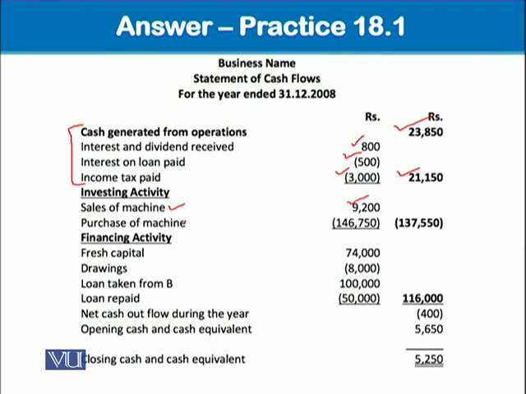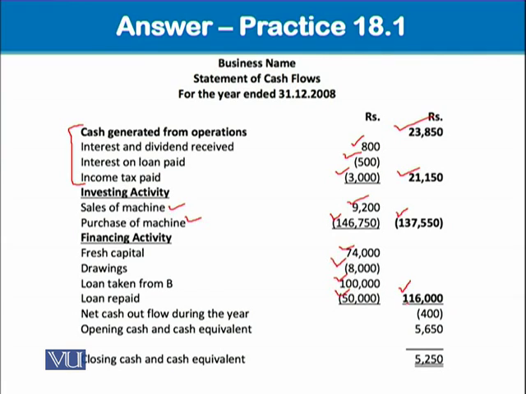We have purchase of machine as payment, so that there is a total net payment of cash for investing activity with us. Then we have financing activity: fresh capital introduced, drawings, these are the payments to owners, loan taken from B and loan that we have repaid. So this is what we have as financing activity.